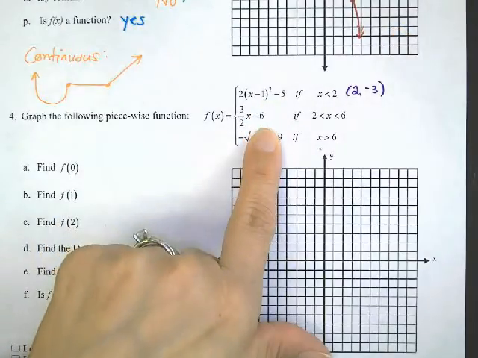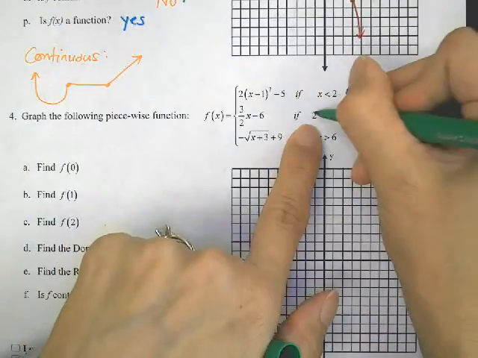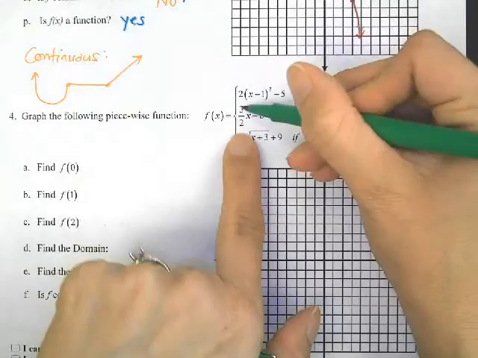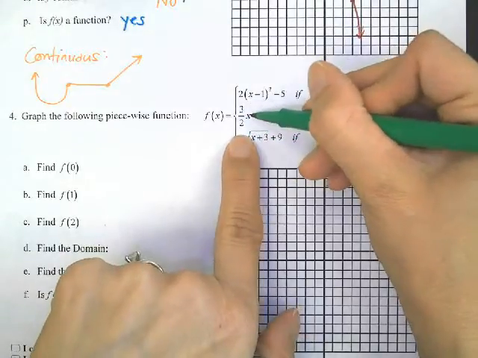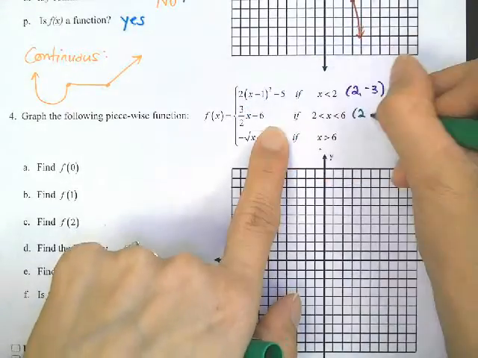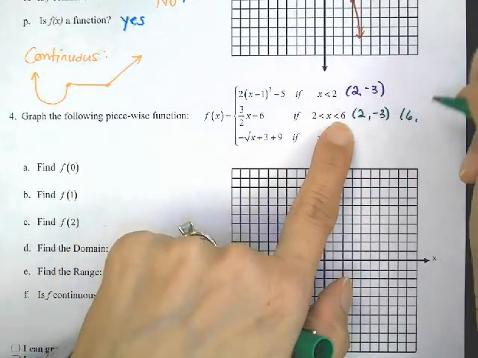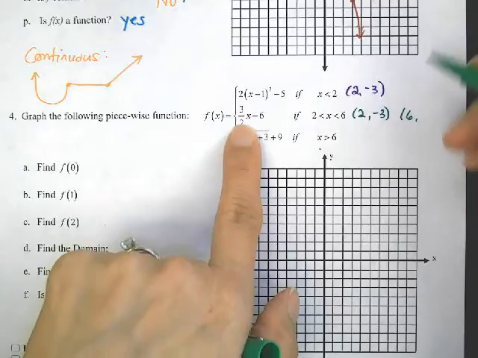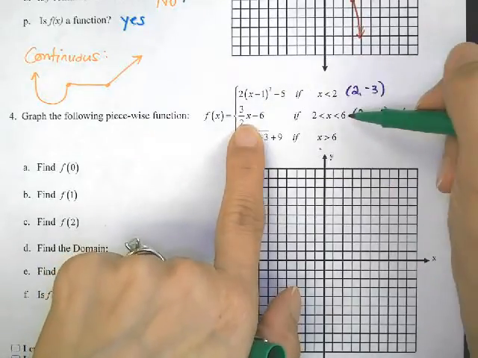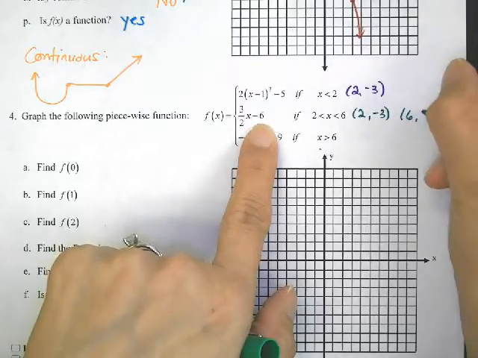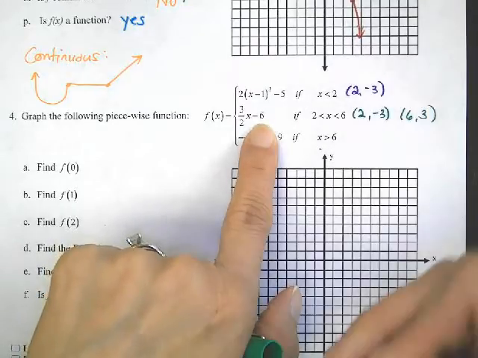My second piece, I have to plug in 2 to 6, the endpoints. So let's plug in 2. 3 divided by 2 times 2 is 3. 3 minus 6 is negative 3. And then we also have to plug in 6. 3 times 6, 18 divided by 2 is 9, and 9 minus 6 is 3.